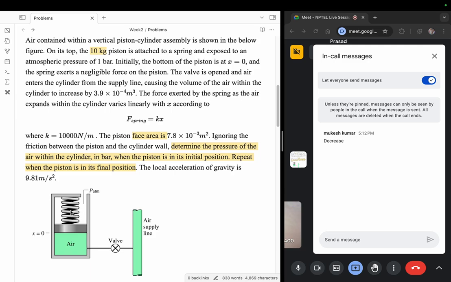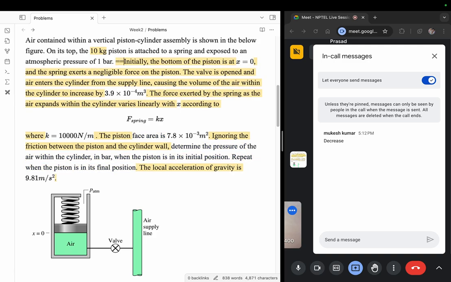Yeah. Okay. Now what is the force that the spring will exert on the piston? That is given in the question.